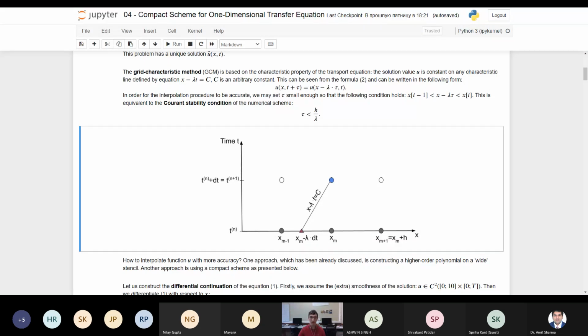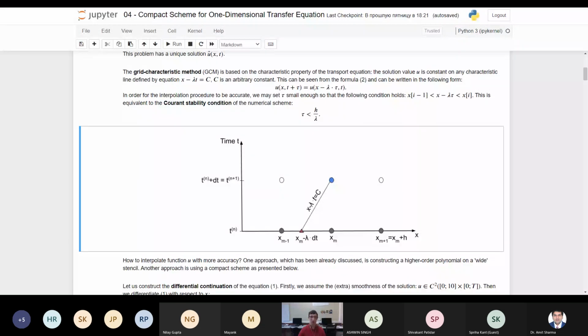So here at the known time step marked by the superscript n, the function values are represented in these gray circles, meaning that we already know these values.